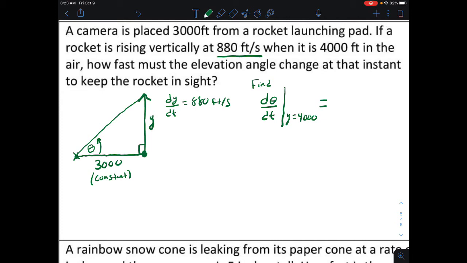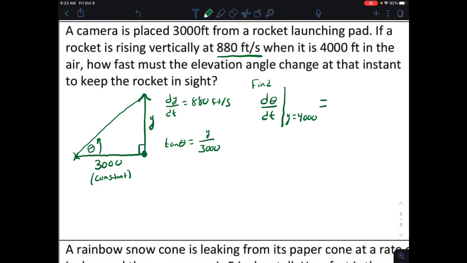Okay. Well, I need to start relating my sides together and my angle. So I have angle, opposite side, adjacent side. We're going to use tangent. Tangent of theta is equal to opposite over adjacent. My opposite side is y, my adjacent side is 3,000.